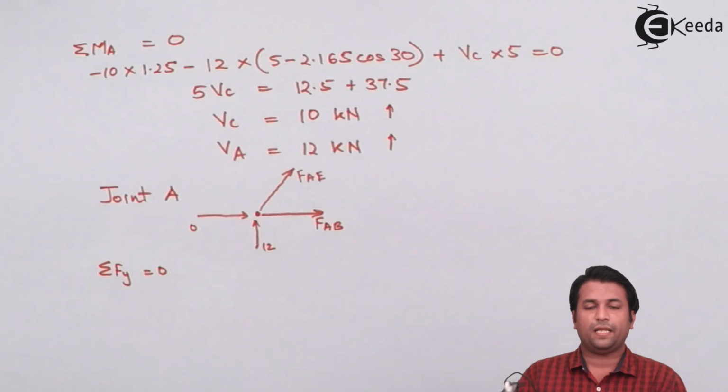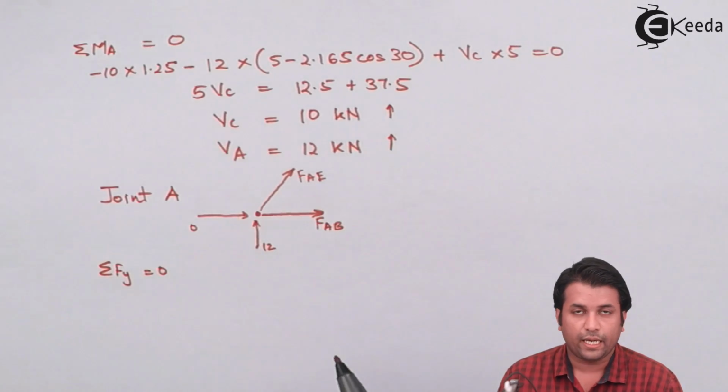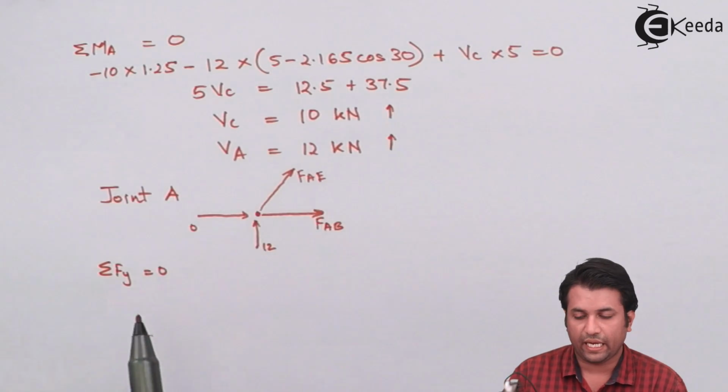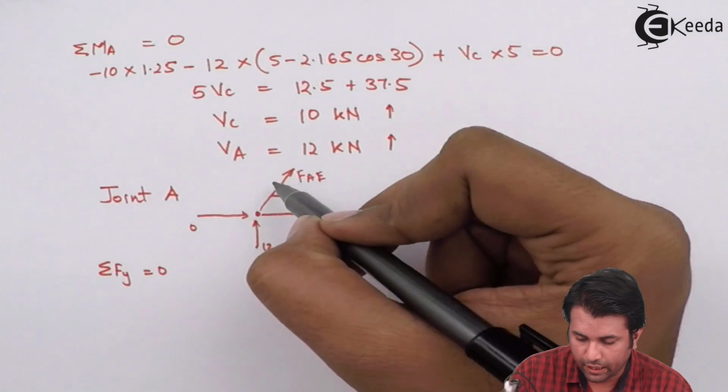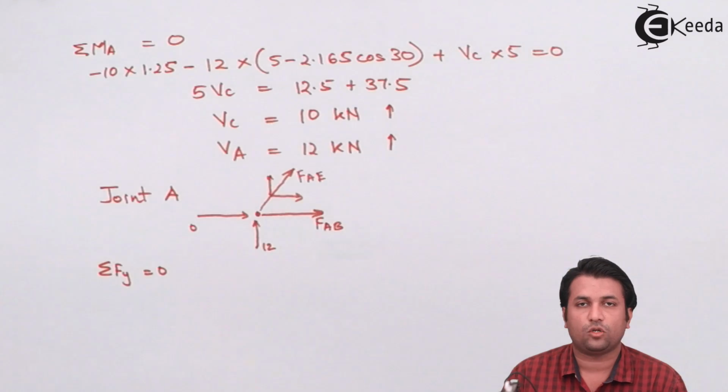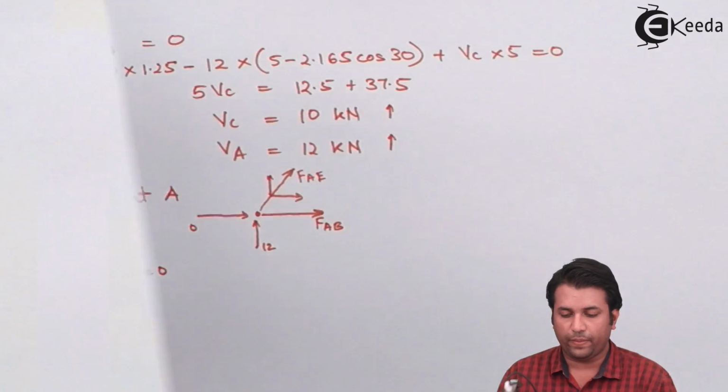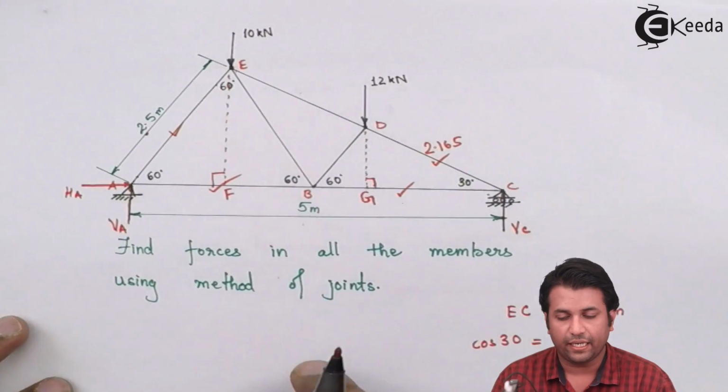So now, if I apply the condition of equilibrium at joint A, I need to resolve this force AE. This component would be the cos component and this component would be the sine component. The angle is already given to me and that happens to be 60 degrees.